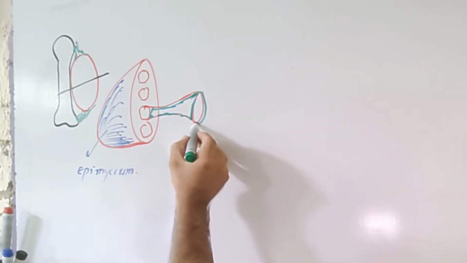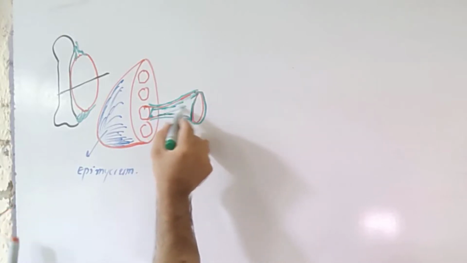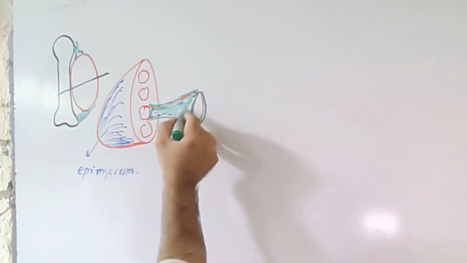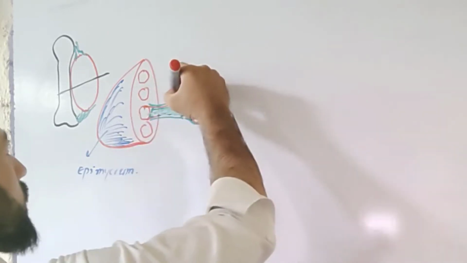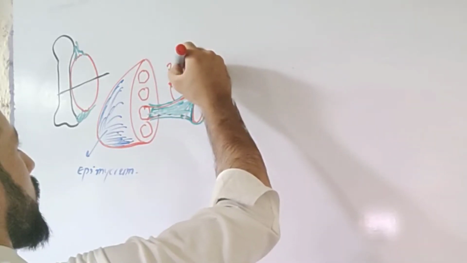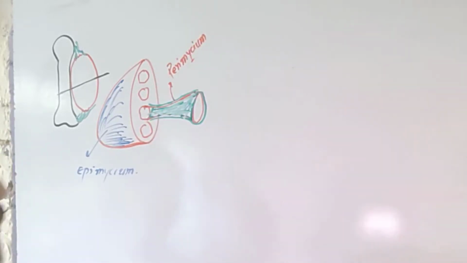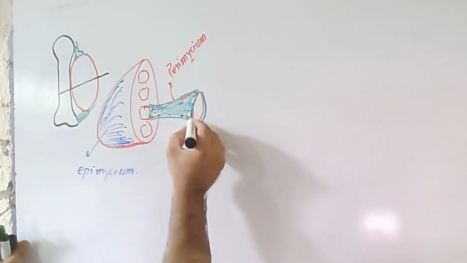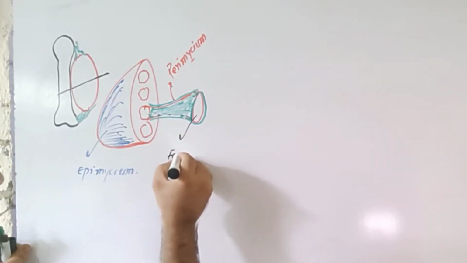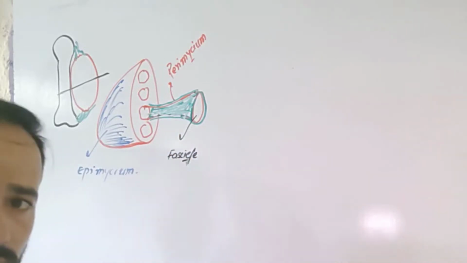This connective tissue around the muscle fascicle was called the perimysium. Okay, so the muscle is composed of millions of these fascicles. This is one fascicle. This is our previous lecture, friends.